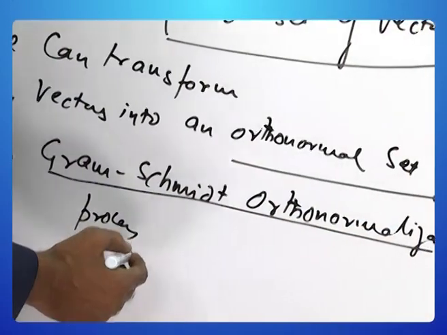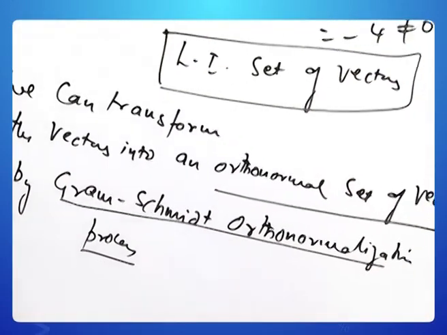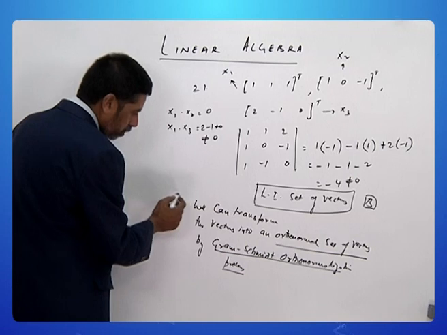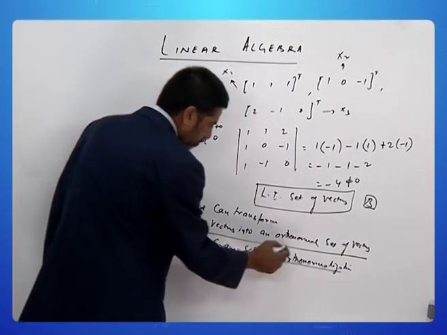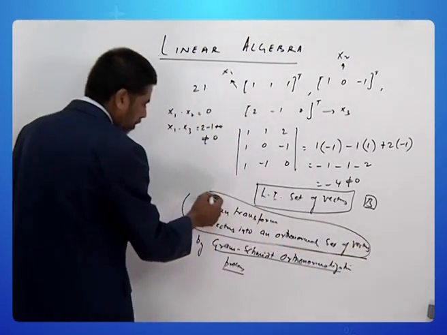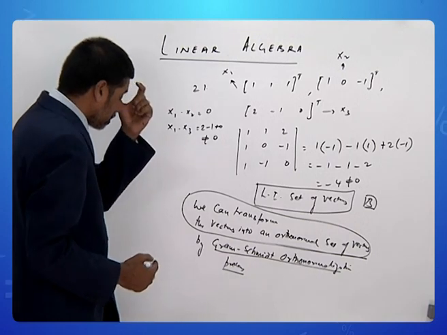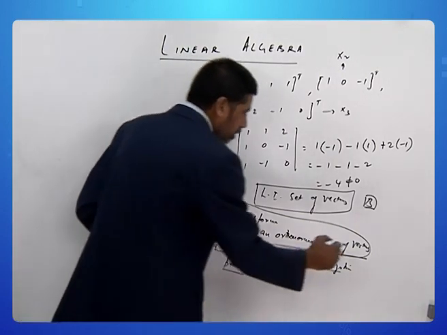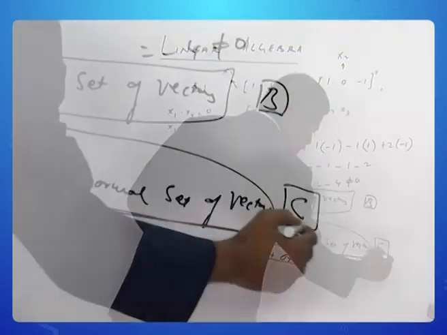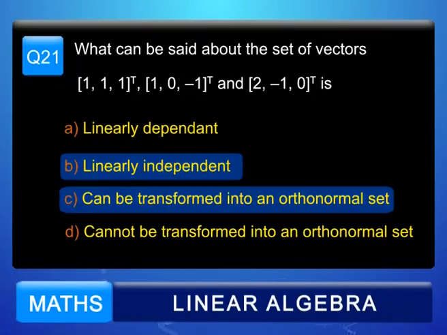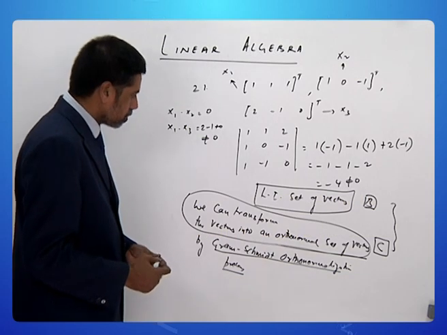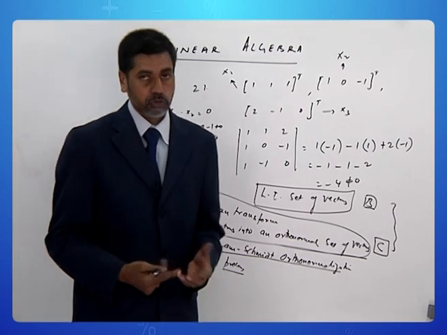Of course, this has not been mentioned in the answer, but what we can see from the options is this one: it can be transformed into a set of orthonormal vectors. So option C shows that, therefore this problem has got two options, B and C. So please go through these principles and it will help you to solve many more numerical problems.